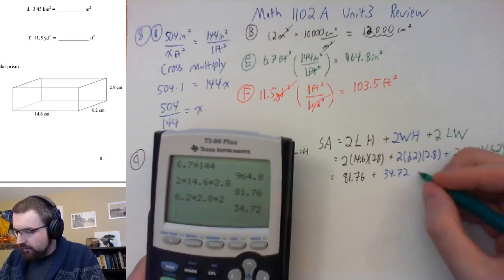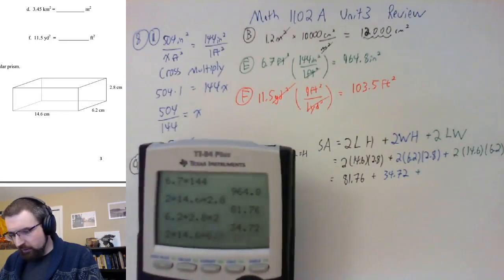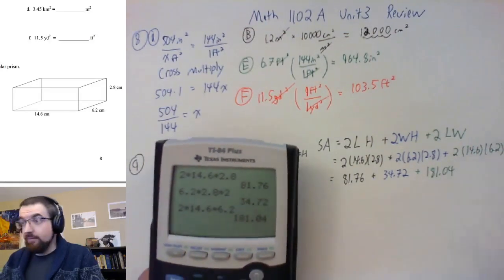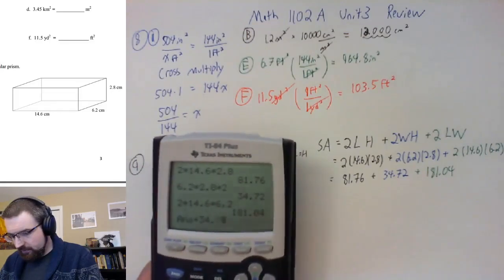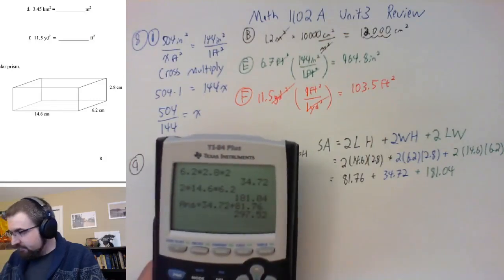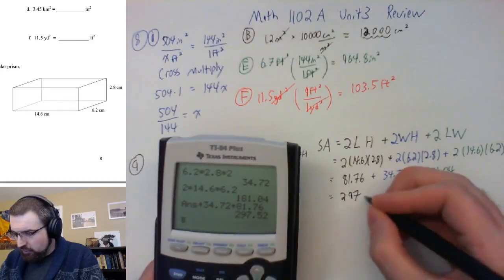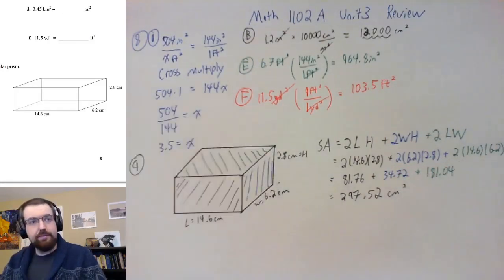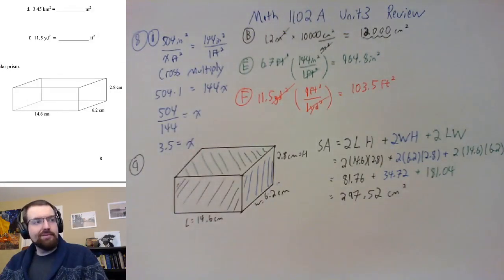And then the last one is 2 times 14.6 times 6.2, which is going to be 181.04. I'm going to add those guys together. That gives 297.52 centimeters squared. There we go. So that's all you've got to do for that one.